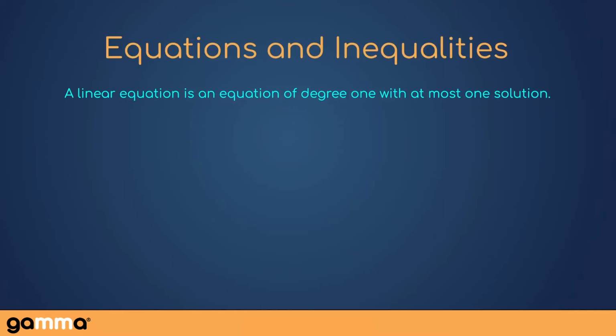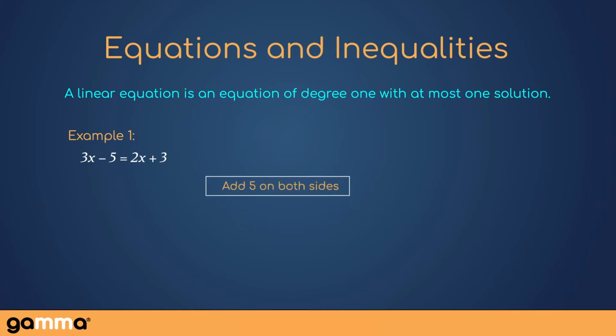A linear equation is an equation of degree 1 with at most one solution. Let us look at an example. Example 1: let's say we're given 3x minus 5 is equal to 2x plus 3. We need to solve for x. To do that, we need to add 5 on both sides of the equal sign.